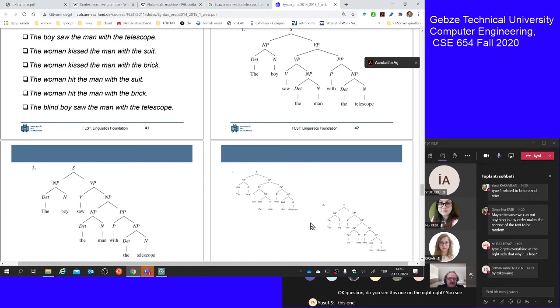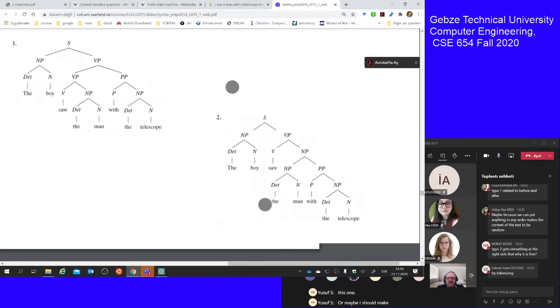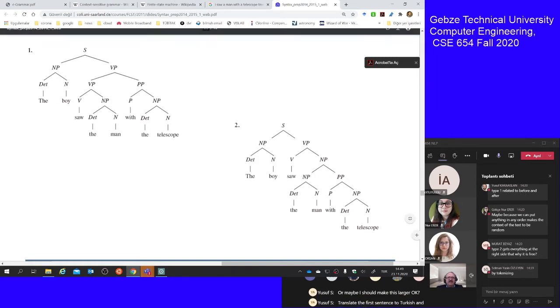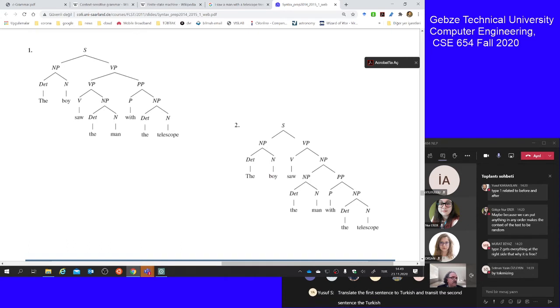Or maybe I should make this larger. Translate the first sentence to Turkish and translate the second sentence to Turkish. Somebody translate the first sentence to Turkish.